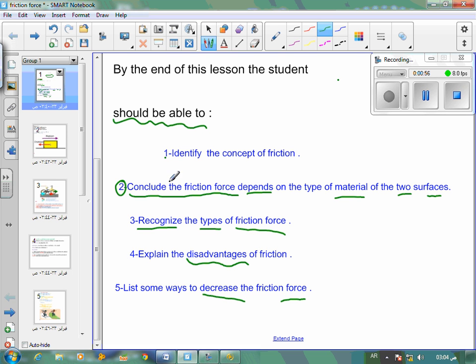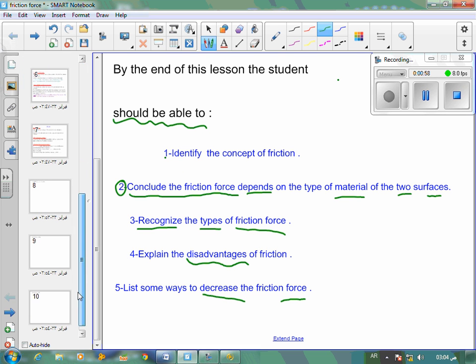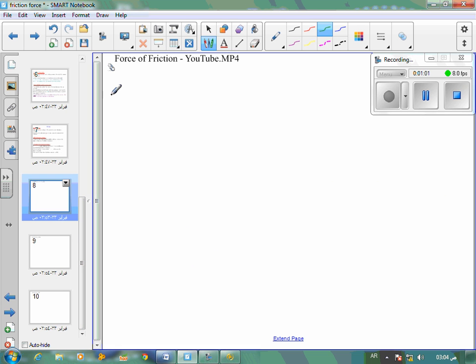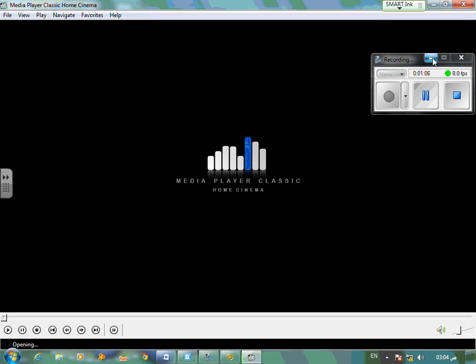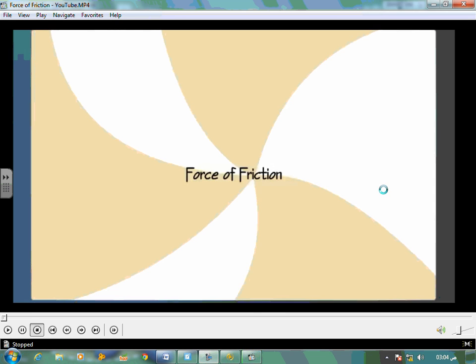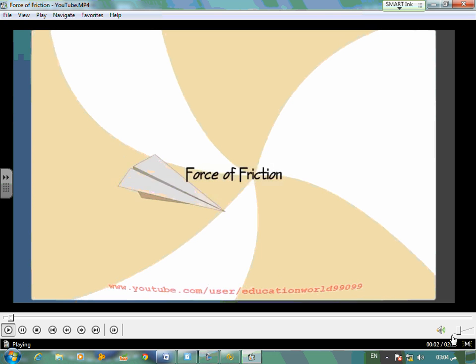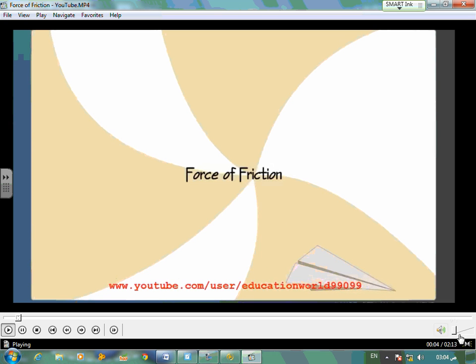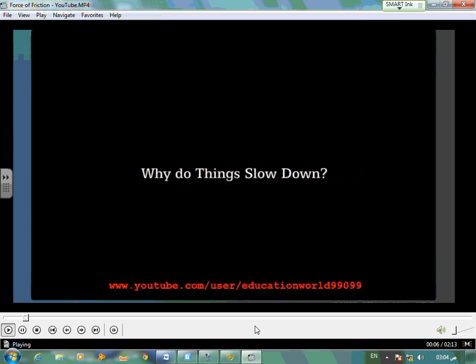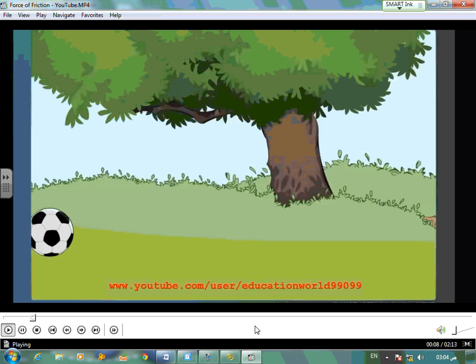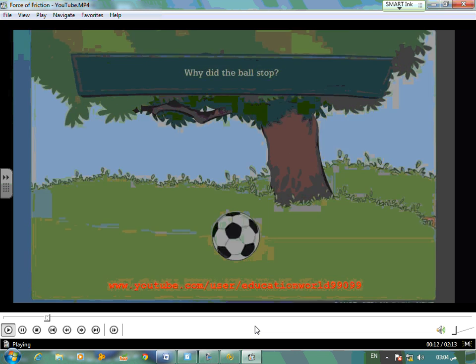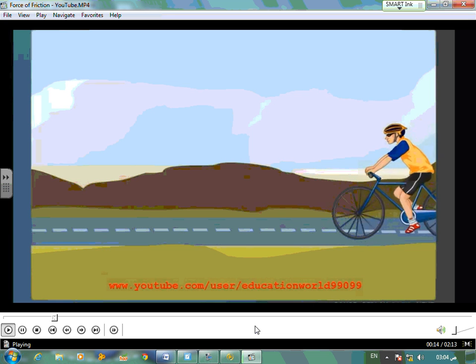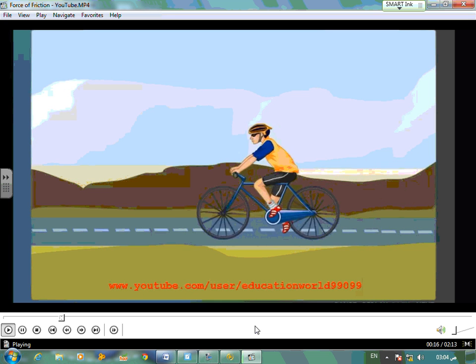Now we will show a simple video to explain the friction force easily. You must look at this video carefully. Look at this ball that rolls on the garden. We found that this ball stopped easily.